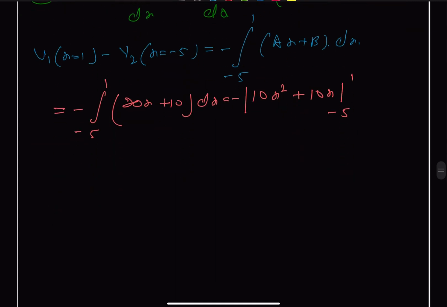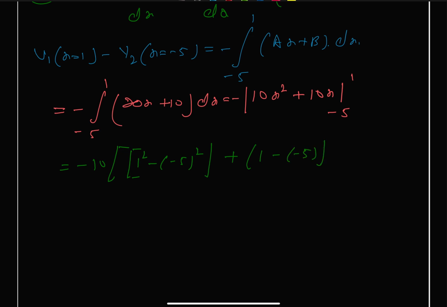10 we can take as common, so we get minus of 10. Upper limit is 1, so this comes as 10 plus 10, that is 20. So we get 10 common, so this is 1 square minus of minus 5 whole square, and this is plus 1 minus of minus 5.